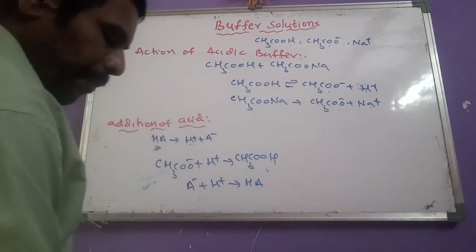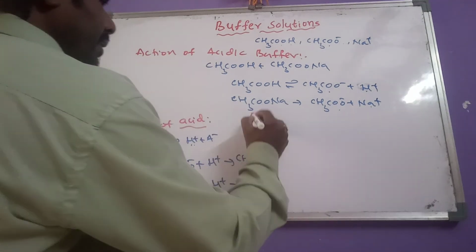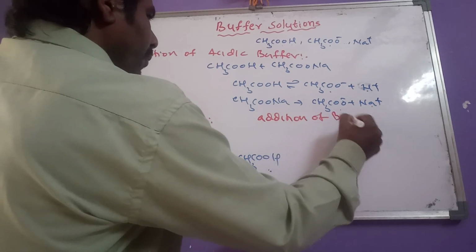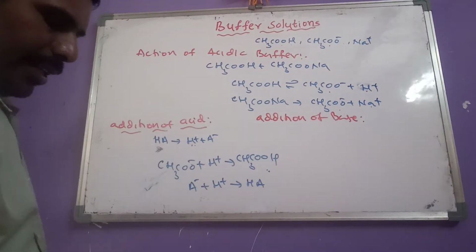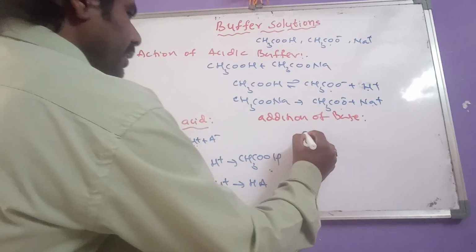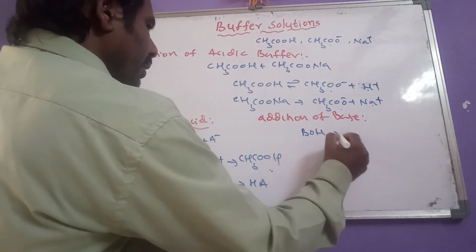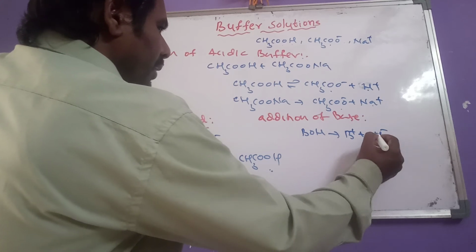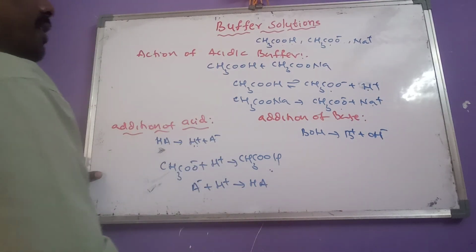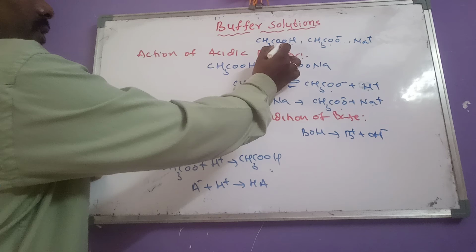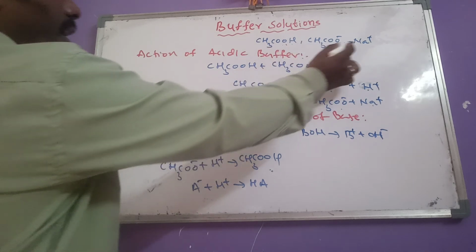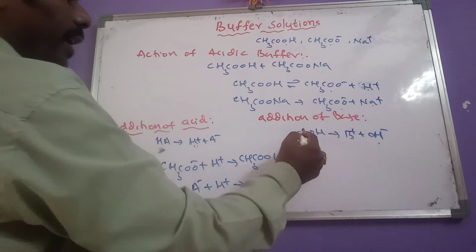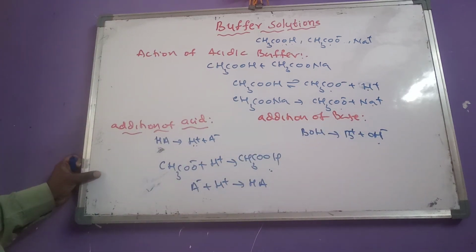Now, by the addition of a base, what happens? If a base is added, that produces OH minus ions. Now these OH minus ions are removed by acetic acid, not Na plus, because if Na plus and OH minus combine we again get NaOH, no use for that.